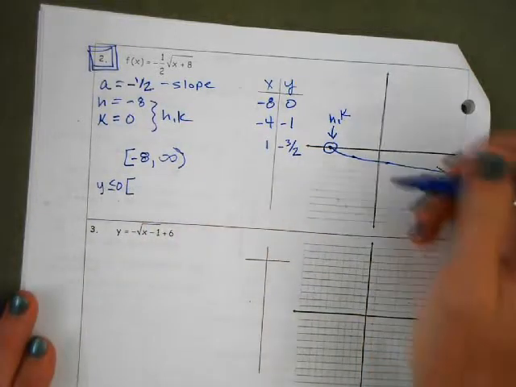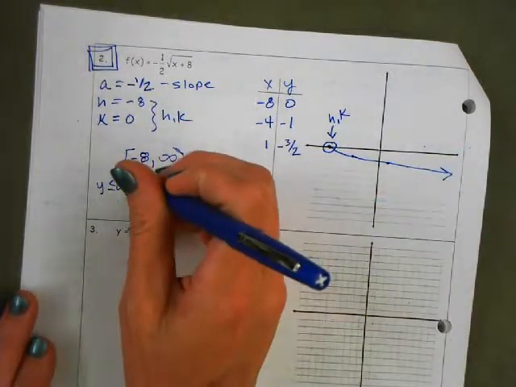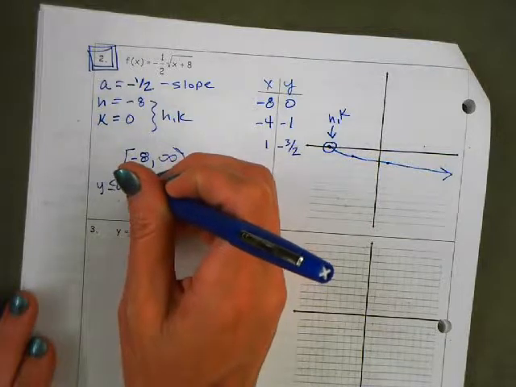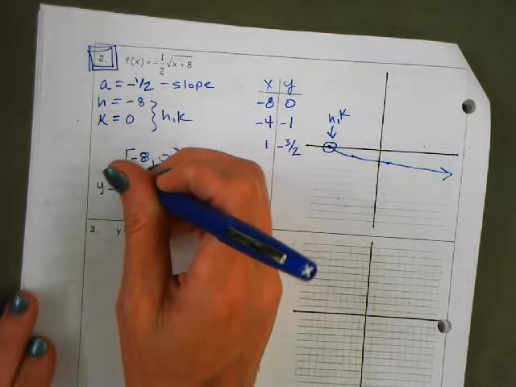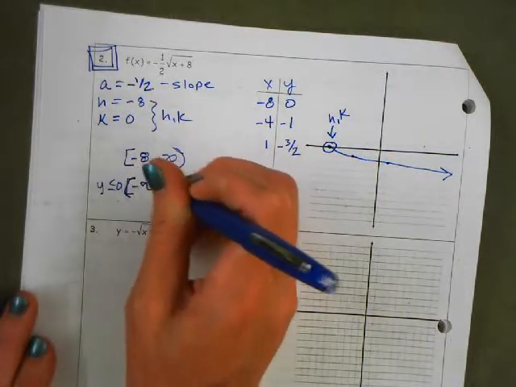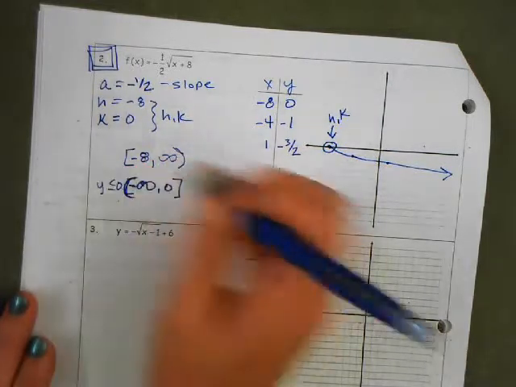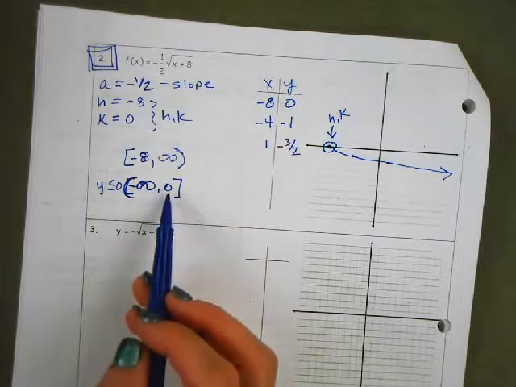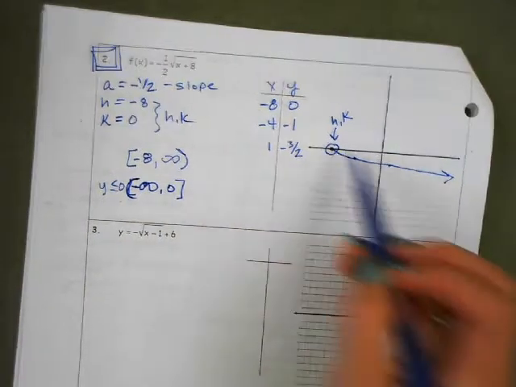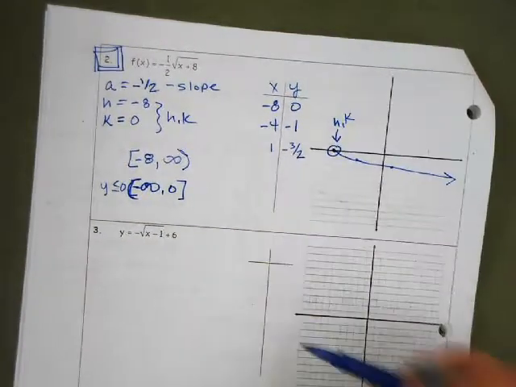It's actually going to -infinity. Notice how it's going down? So we want to do -infinity to 0. Our range for Y is 0 to -infinity, because it goes down.